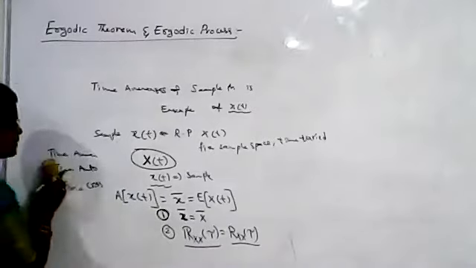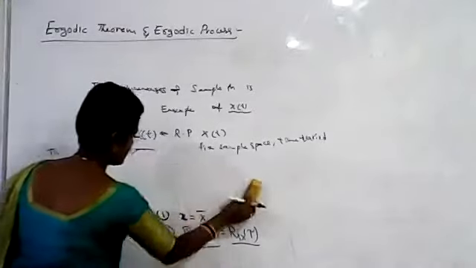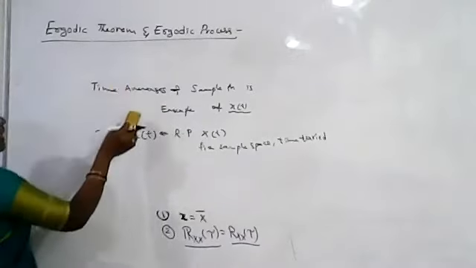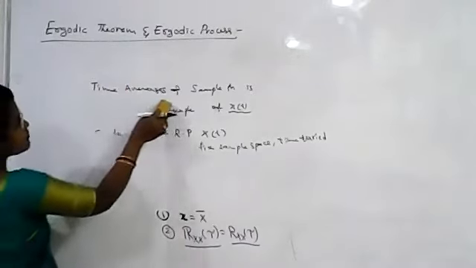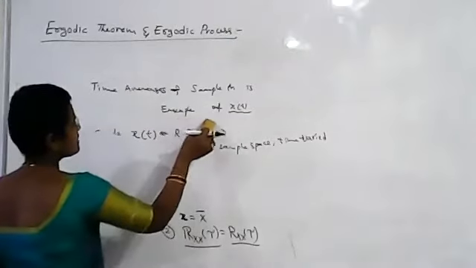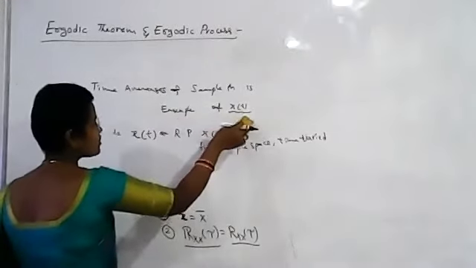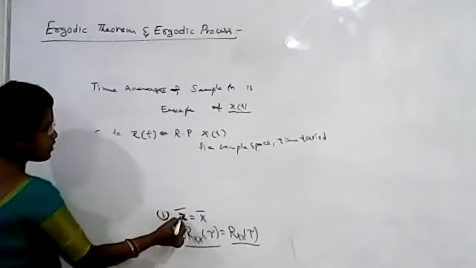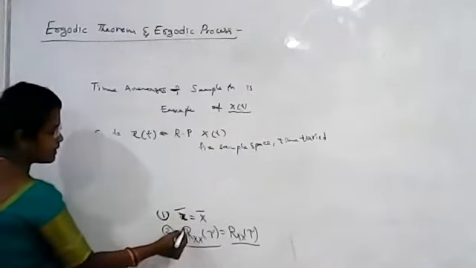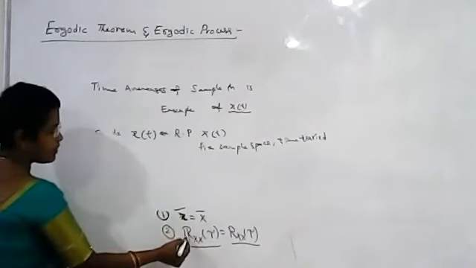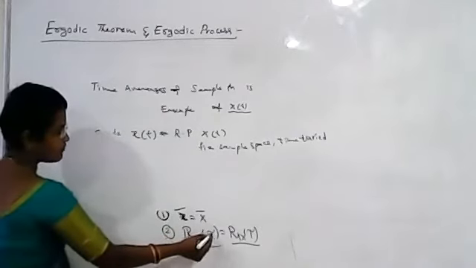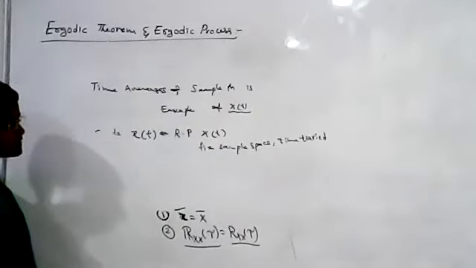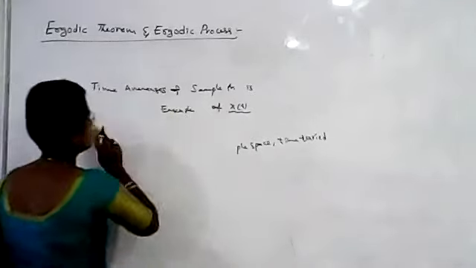So the ergodic theorem states that for a random process, the time average of a sample function is equal to the ensemble average of the random process X(t), that is, small x bar equals capital X bar, and the time autocorrelation function Rxx(tau) equals the ensemble autocorrelation function Rxx(tau).